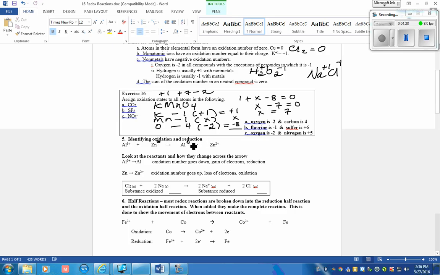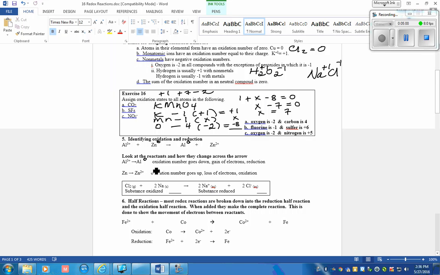Elemental aluminum would have an oxidation number of 0, and the zinc ion has an oxidation number of +2. So we're looking at what happens across the arrow. Aluminum +3 goes to aluminum with an oxidation number of 0. The oxidation number is going down, which represents a gain of electrons. How many electrons? 3. And so that is reduction.